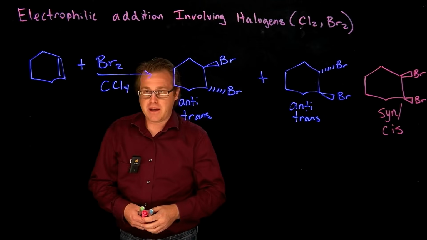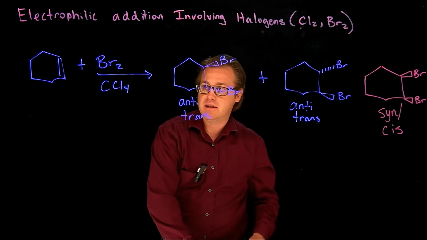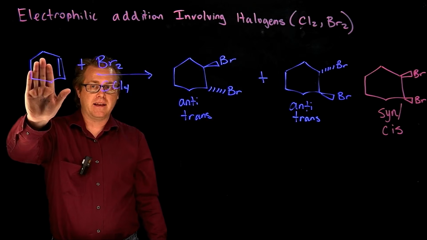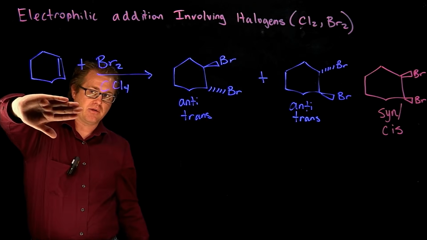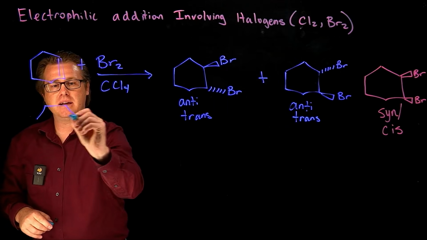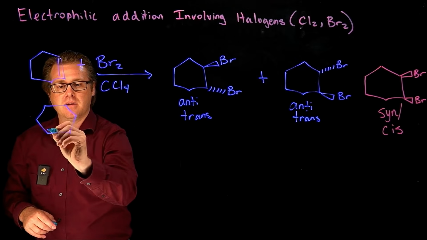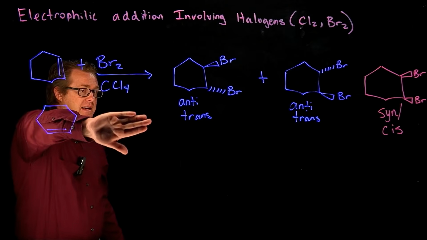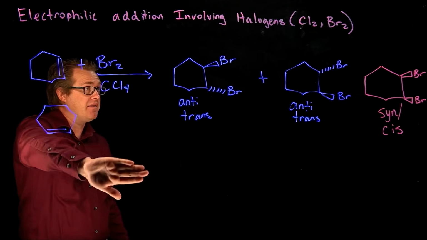Well, what we can do here to help us understand this is I'm going to take this molecule here and orient it. I'm going to rotate it 90 degrees. So we'll just rotate it, and now it's going to look like this. And then I'm going to take that molecule that's represented by my hand because it's in the plane of the glass.